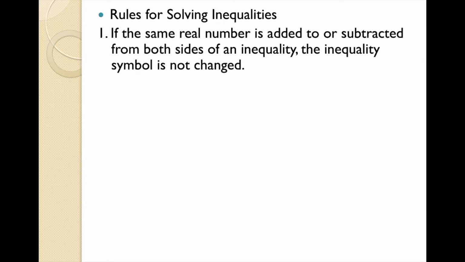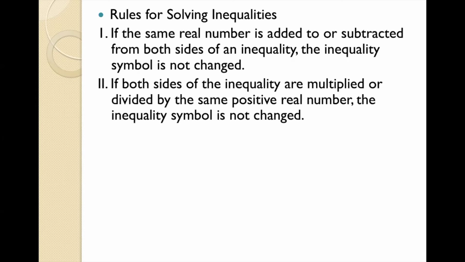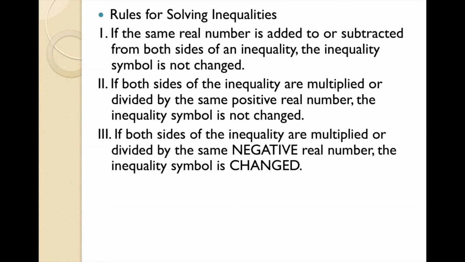So we have to recall some rules for solving inequalities. So remember, if you add or subtract the same real number from both sides of the inequality, the symbol is not changed. And also, if both sides of the inequality are multiplied or divided by the same positive real number, the inequality symbol is still not changed.